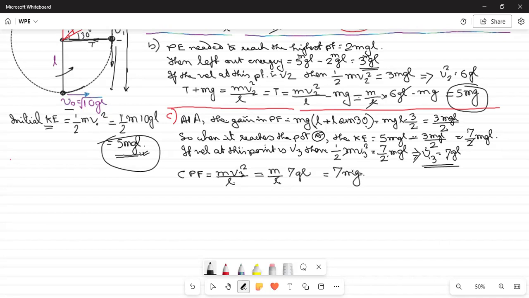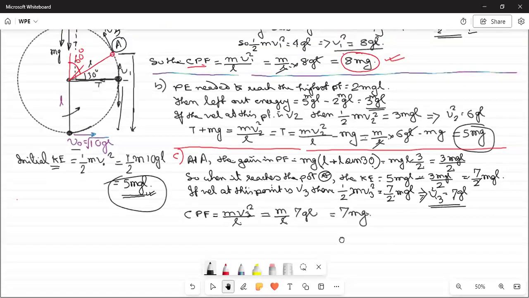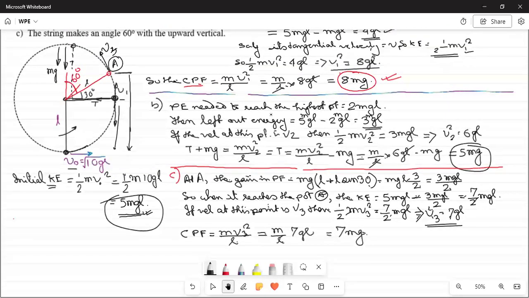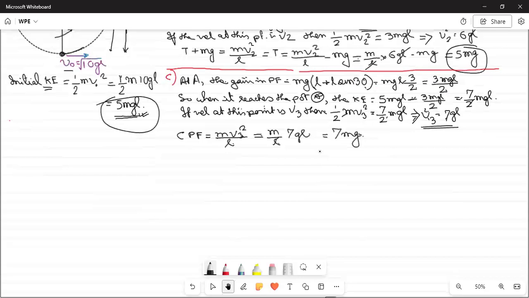Now look at this diagram once again. I'll bring the diagram a little bit down. Here, the force mg, or rather I do one thing. I draw the diagram once again here.